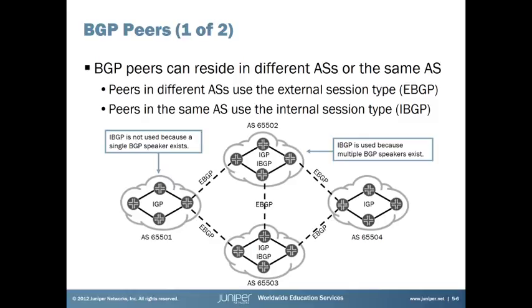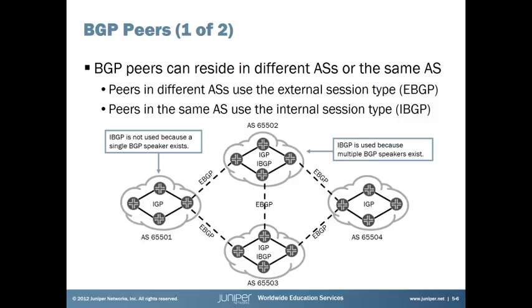Exactly. So when that BGP router needs to send routing information to its not directly connected peer, it looks in its routing table for routing information from the IGP for connectivity to that particular peer.